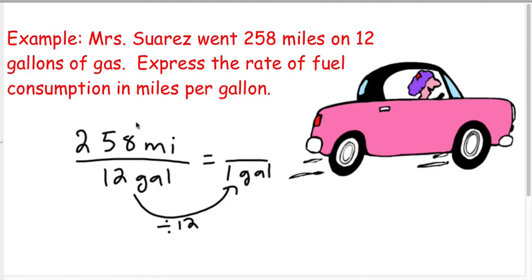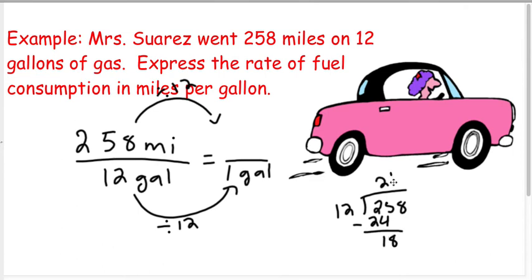So if we divide the denominator by 12, we divide the numerator by 12, and we end up with a decimal, so we have 12 and 5/10 miles per gallon, which is decent. She gets pretty decent gas mileage. I mean, on 1 gallon, she can travel 12.5 miles.